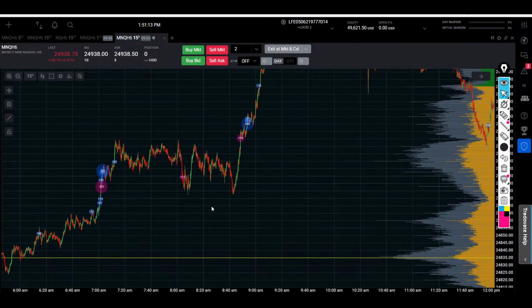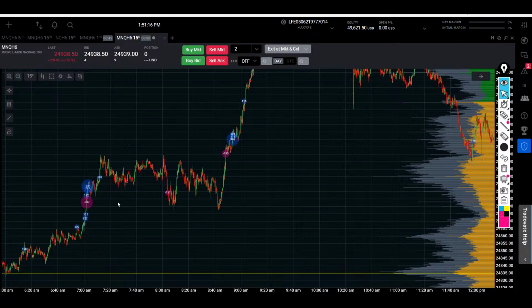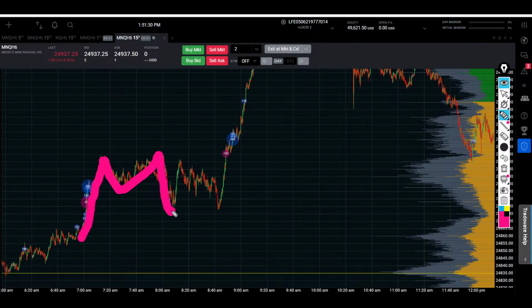This would be hard to trade because you do see impulse, and then you see this, and then you would need to wait for something here.